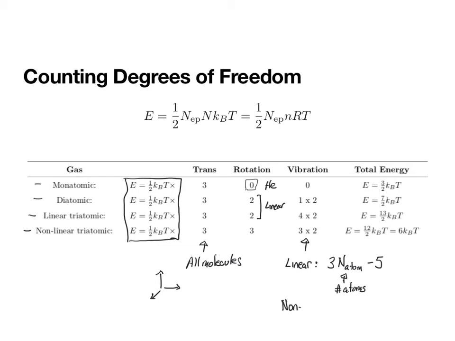If it is nonlinear, there are 3N, also our number of atoms, minus 6 degrees of freedom, DOF.